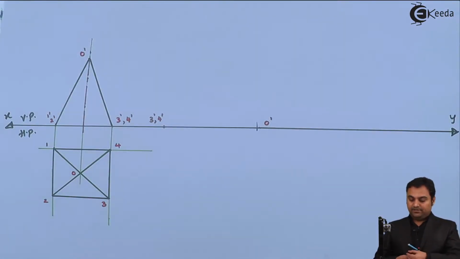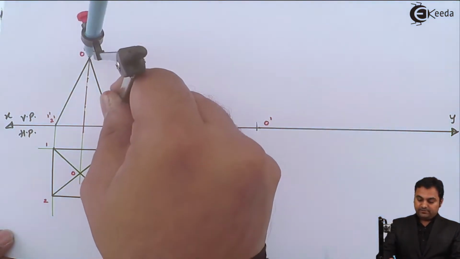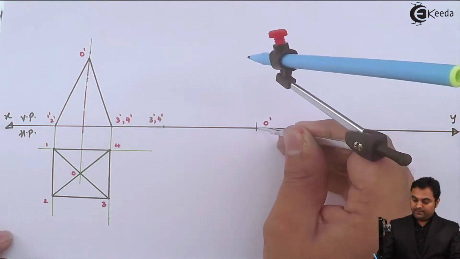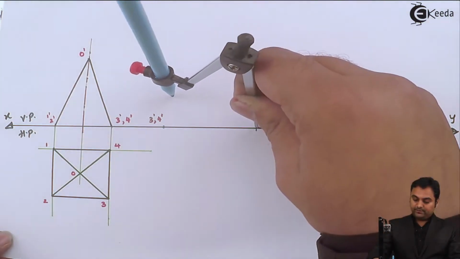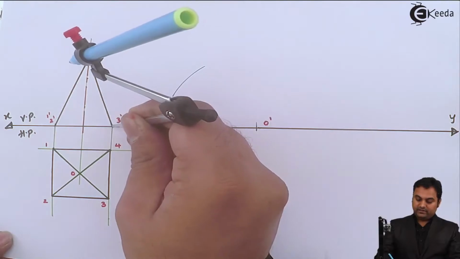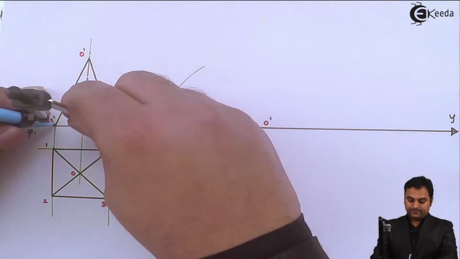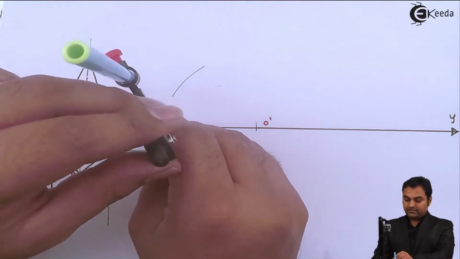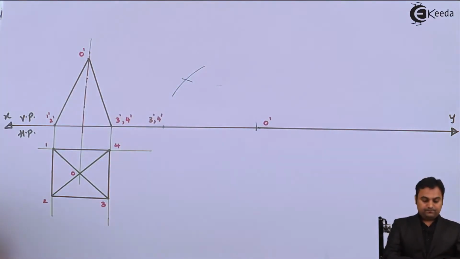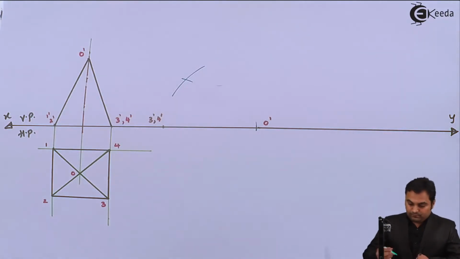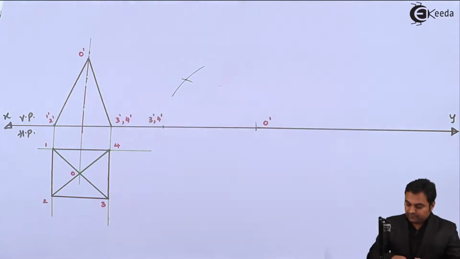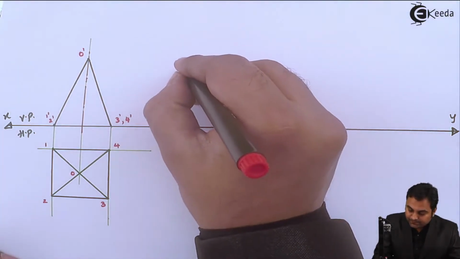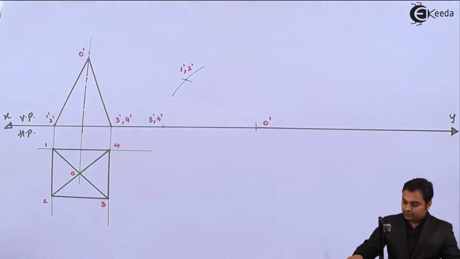Next, I'll complete this pyramid taking the same distance of the slant edge. It is there on the other side as well. So from the apex, I'll draw an arc. Next, I'll take the distance of the base edge and cut it from 3 dash to 4 dash. So here, this point which I am getting will be 1 dash comma 2 dash. So joining them.